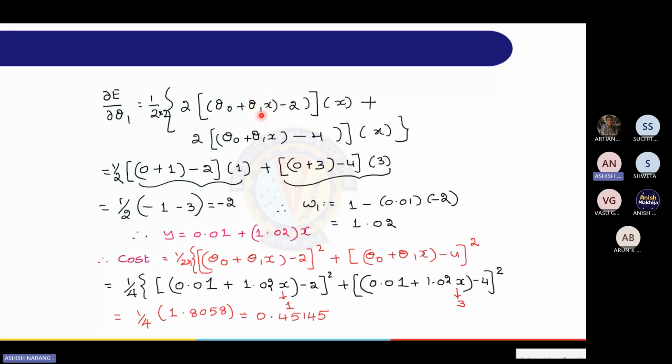Now I am taking dy over d theta 1, it will be x only. So 2 multiplied with this, multiplied with the derivative of theta 0 plus theta 1x, which is x in case of theta 1, because the theta 0 term is considered constant. This is a partial derivative now. Now you are realizing the importance of derivatives practically, where they are being used.